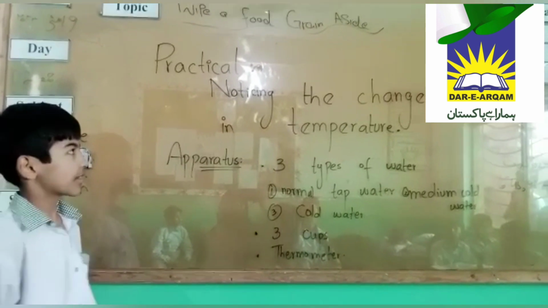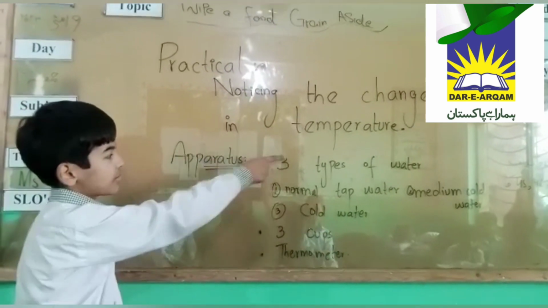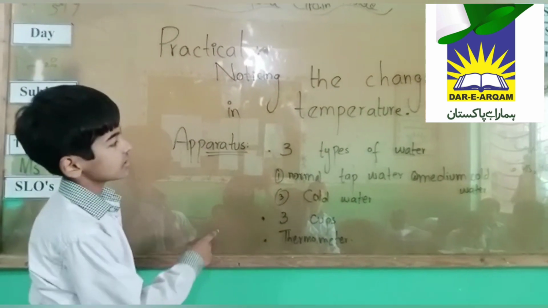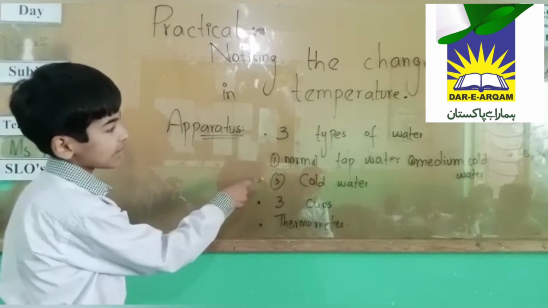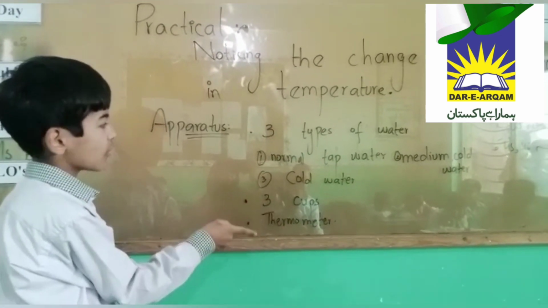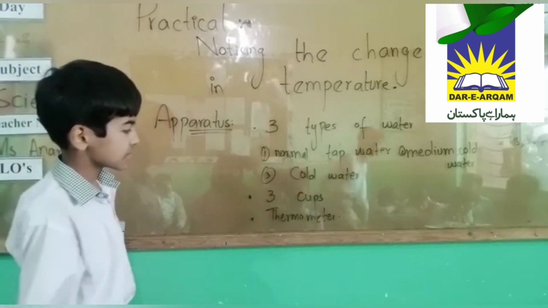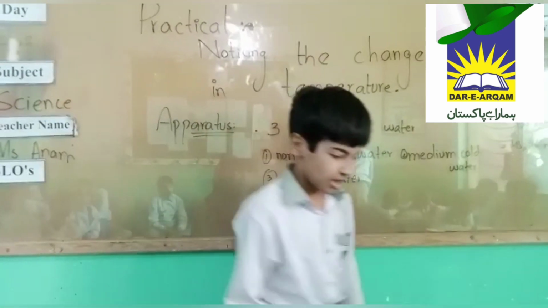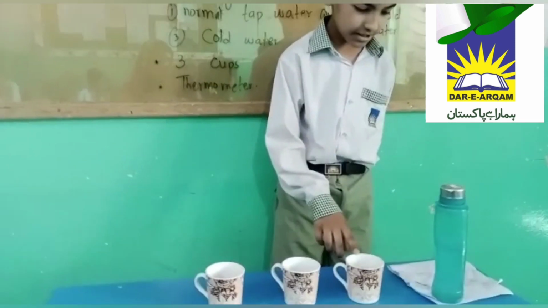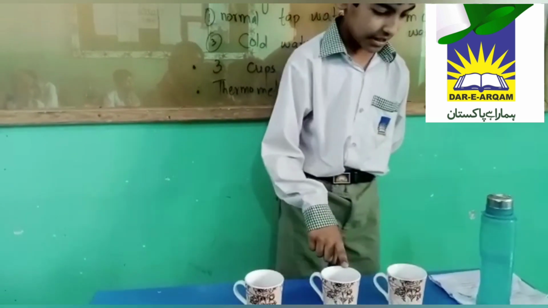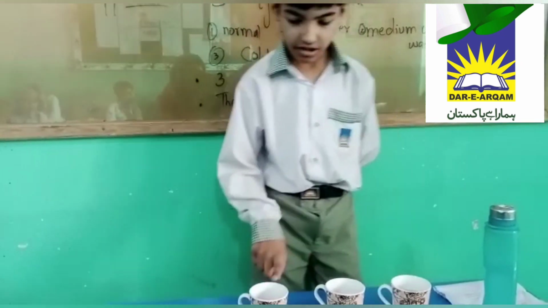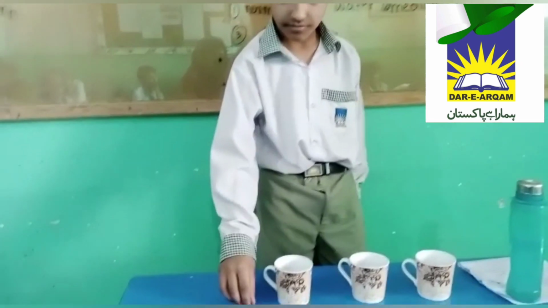Today our practical is noticing the change in temperature. Purpose is types of water: normal tap water, medium cold water, and cold water. 3 cups and thermometer. We have first cup having tap water, second cup having medium cold water, and third cup having cold water.